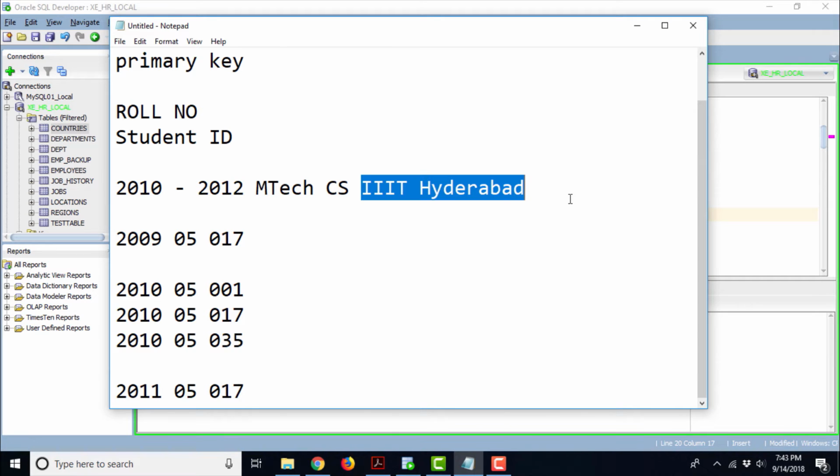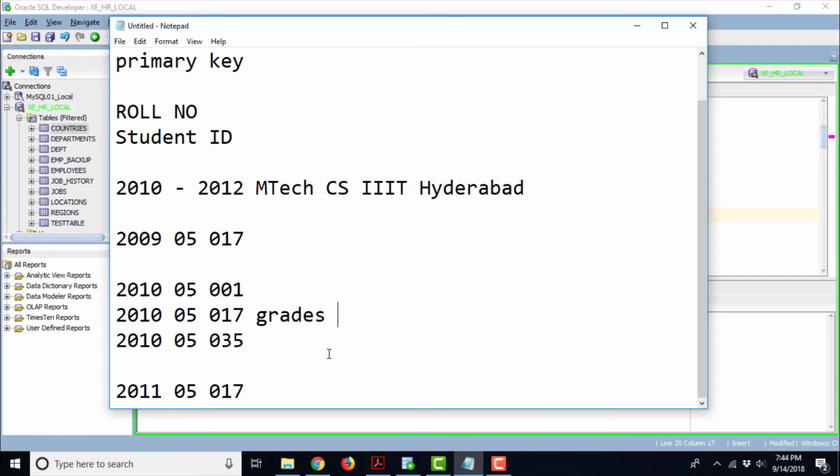Now if you go to the institute where I studied, IIIT Hyderabad, and search the database of this institute, everything related to me is linked to this number. This number has my grades, which are pretty bad anyway.